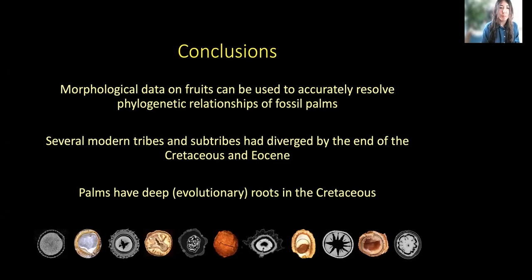So just to conclude, morphological data on palm fruits can be used to resolve the phylogenetic relationships of fossil palms. Our analyses show that several modern tribes and subtribes had diverged by the end of the Cretaceous or the Eocene, and this implies that the Cretaceous diversification of palms produced many of the lineages we recognize today.